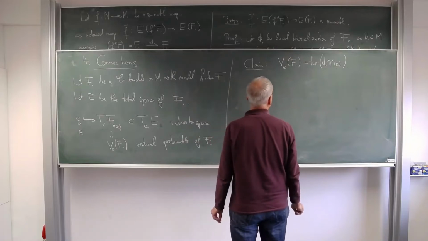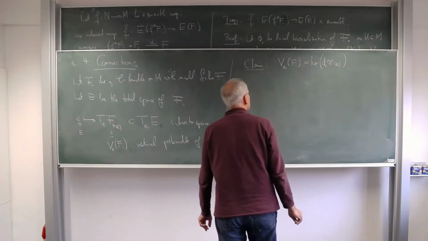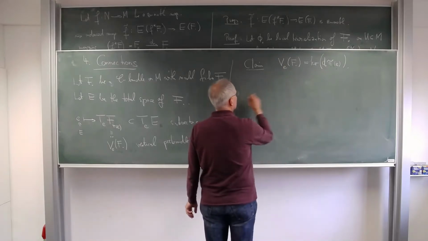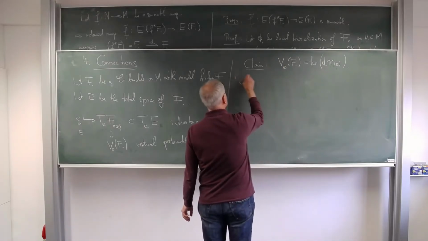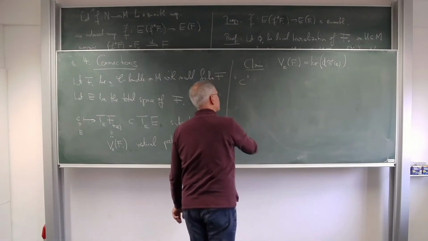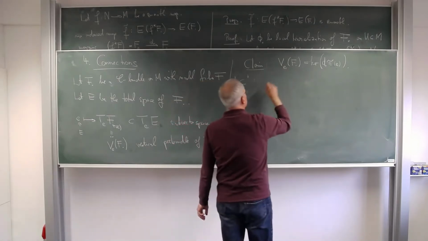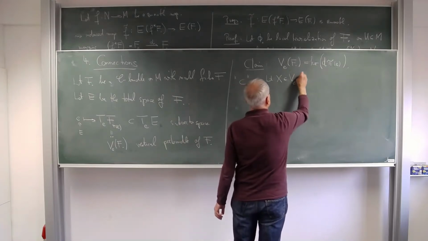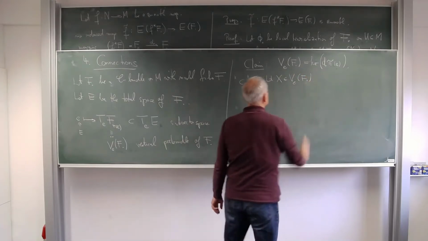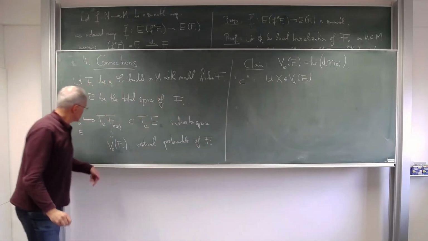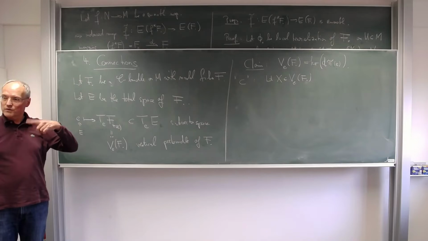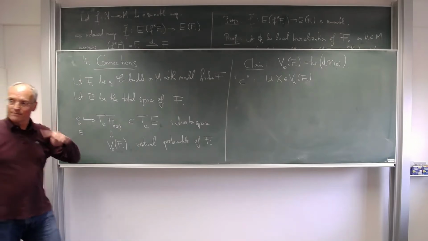Well, let's see. I first check this inclusion. So I take a vector in here, so let x be here. Then this is a tangent vector which is tangential to the fiber, so that means it can be represented by a smooth curve in the fiber.